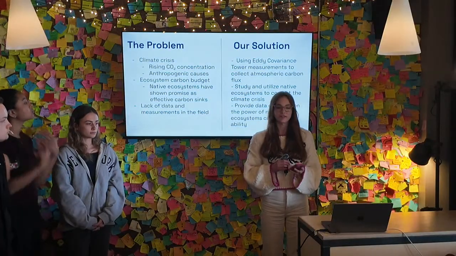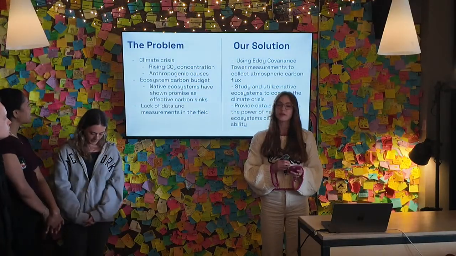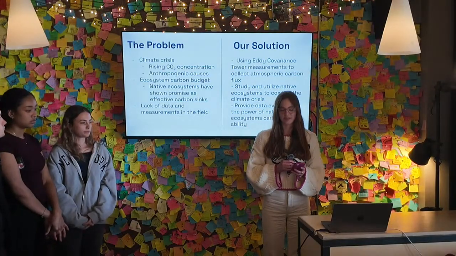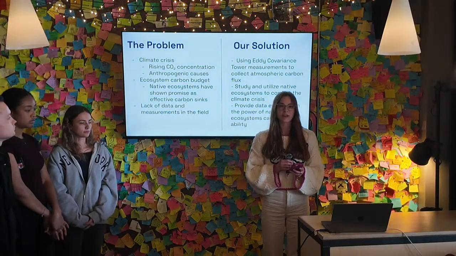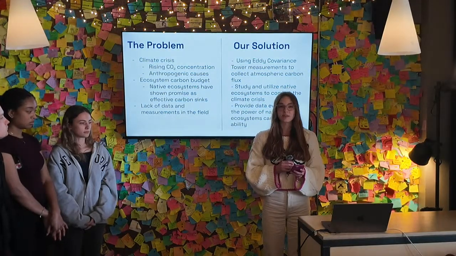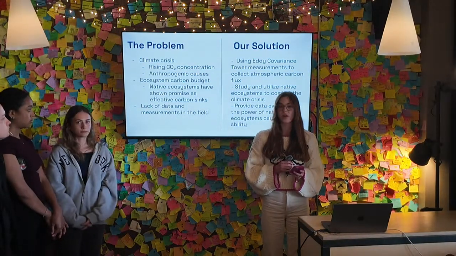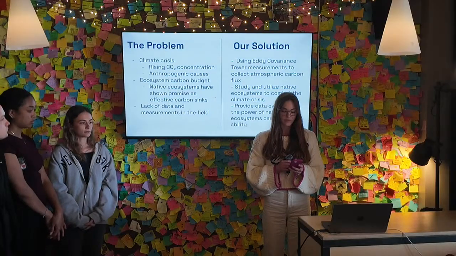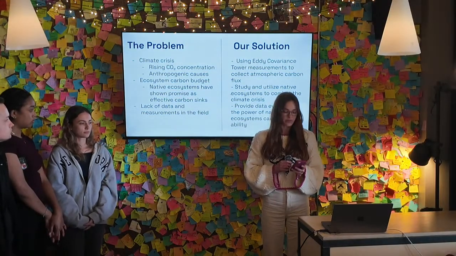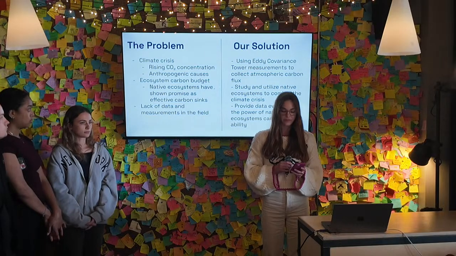Next is our problem and our solution. The problem our team is trying to solve is the climate crisis caused by anthropogenic activity. This activity is creating excess CO2 in the atmosphere. Native ecosystems have shown great promise as effective carbon sinks. However, there is a lack of data and measurements in the field that has left room for further research.